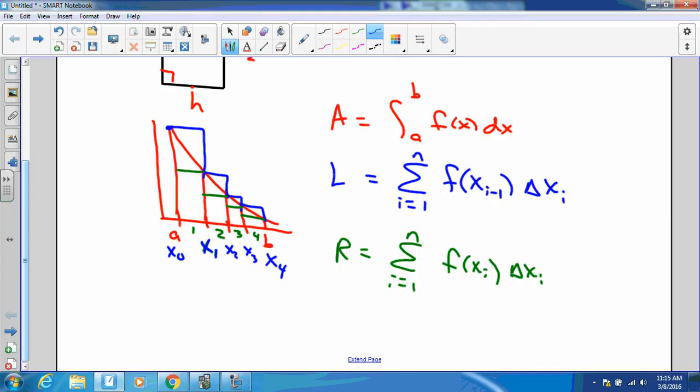So if I want to do the left-hand sum, to choose the one on the left of each subinterval, for the first subinterval, I need x0. For the second subinterval, I need x1. For the third, x2. For the fourth, x3. In other words, for the ith subinterval, I need x sub i minus 1.